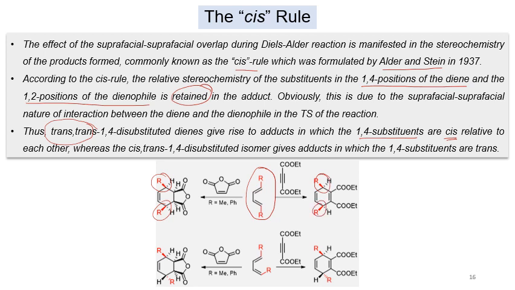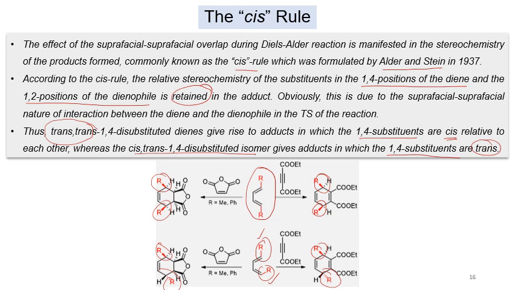Whereas if there is a cis trans 1,4 disubstituted isomer, then you would have 1,4 substituents which are trans. For example, you see here and here. These are trans to each other. Therefore, the products you would get are trans to each other, because the relative relationship in the starting material was one trans, one cis.